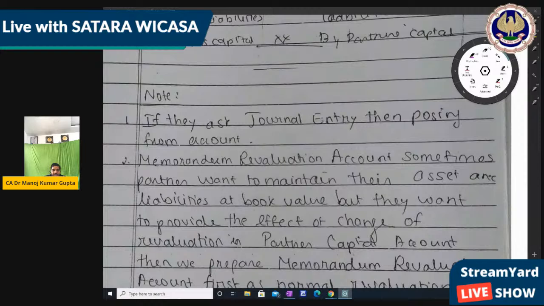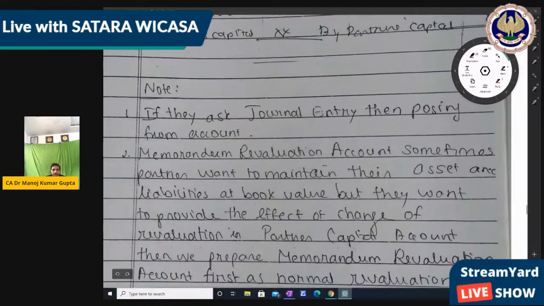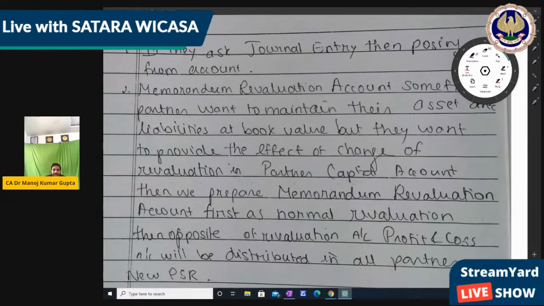Memorandum revaluation account, same. When partners want to maintain their assets and liabilities at book value, but they want to provide the effect of the change of revaluation in the partners' capital accounts, then we prepare a memorandum revaluation account.